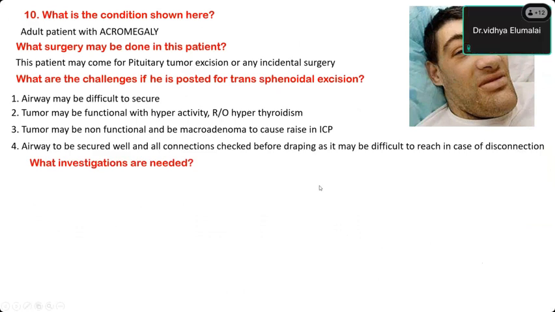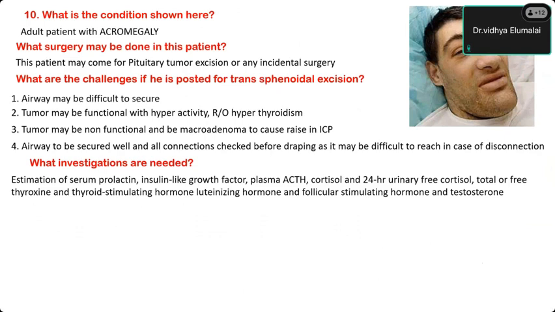So routine investigations along with hormonal tests, the thyroid function test, cortisol level. So estimation of prolactin, insulin-like growth factor, plasma cortisol, urinary free cortisol, total and free thyroxine, thyroid stimulating hormone, luteinizing hormone level. So if it is a functional adenoma, all the hormone levels have to be checked.